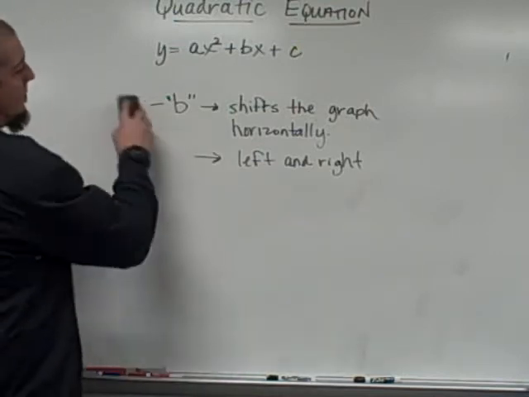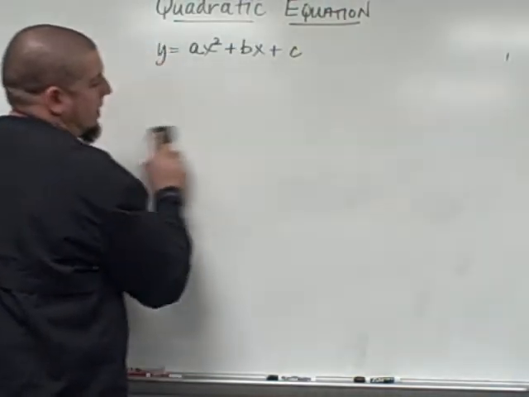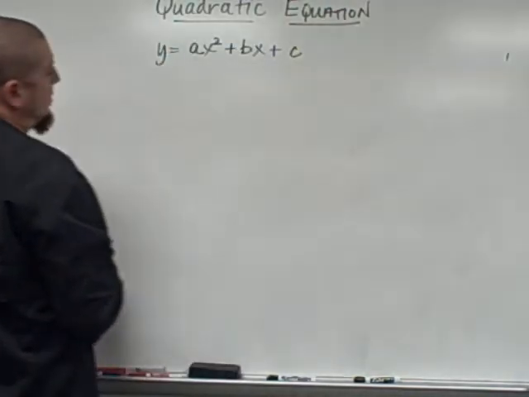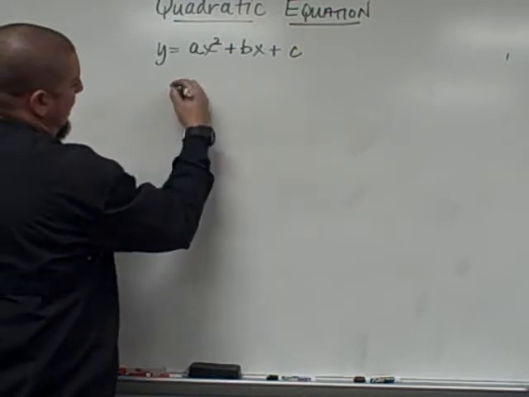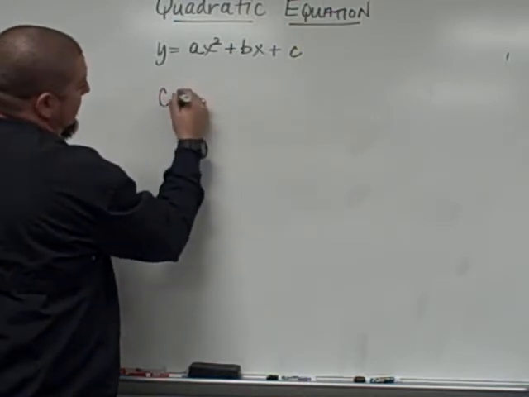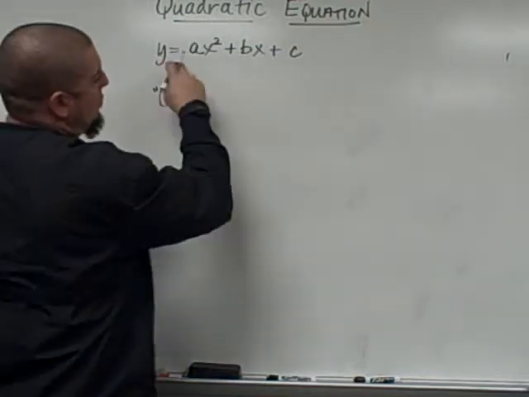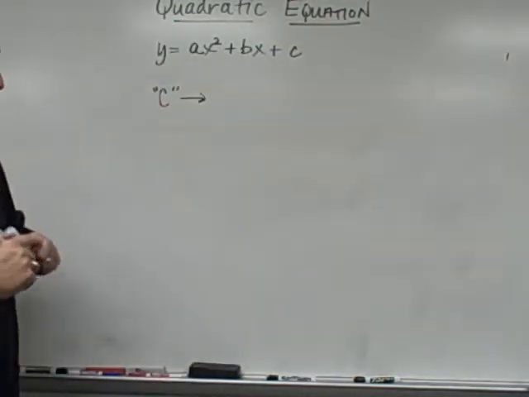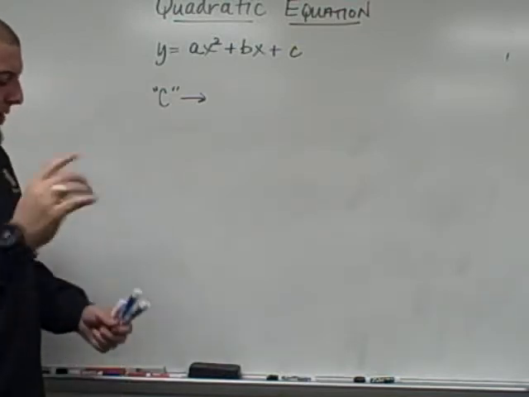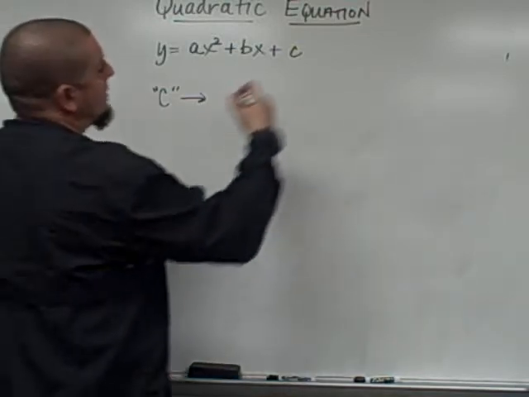All right. And then finally, what does C do? And we're going to talk a lot about C in the upcoming days. C, okay, if you notice up here, I'm going to take a little side journey here.